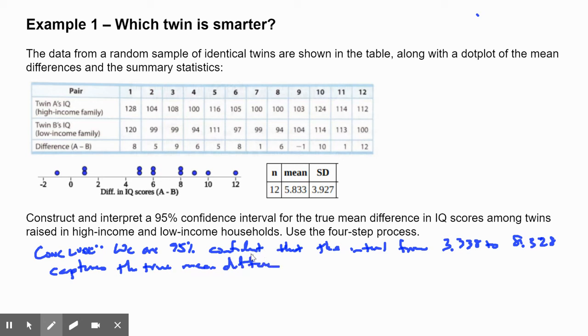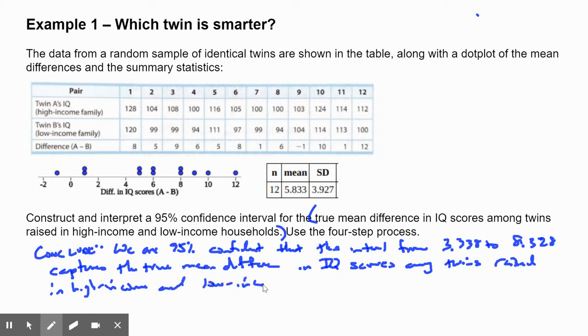And this is where we just restate what we had in the state part. True mean difference in IQ scores, and it's right here, true mean difference right there. In IQ scores among twins raised in high income and low income households. So that's the first part.